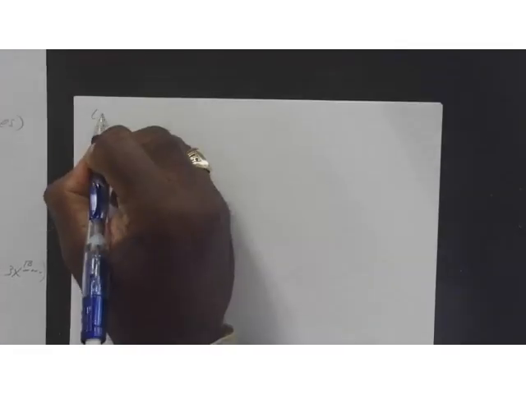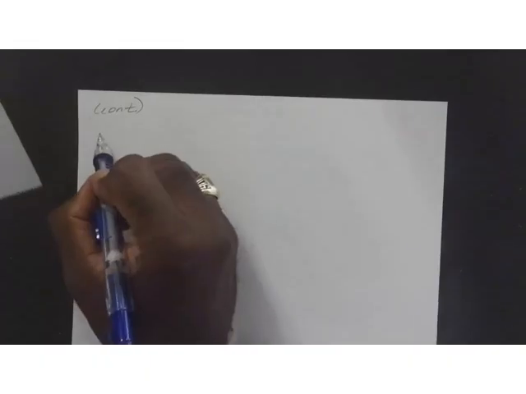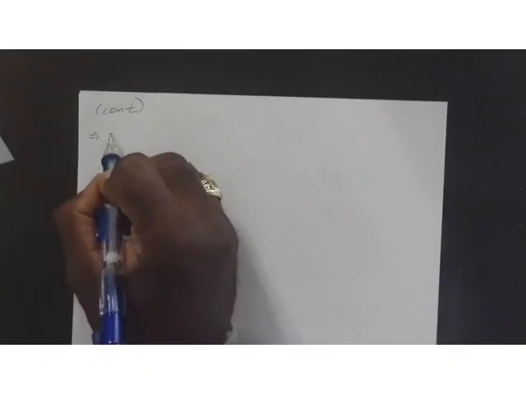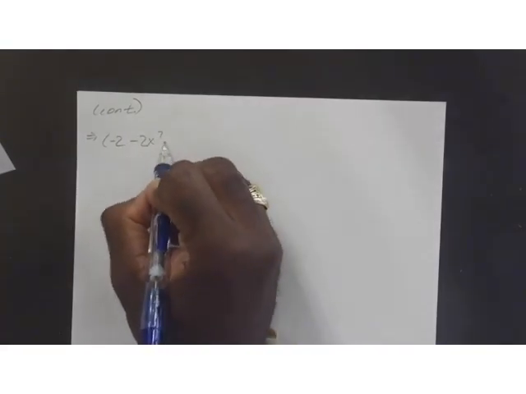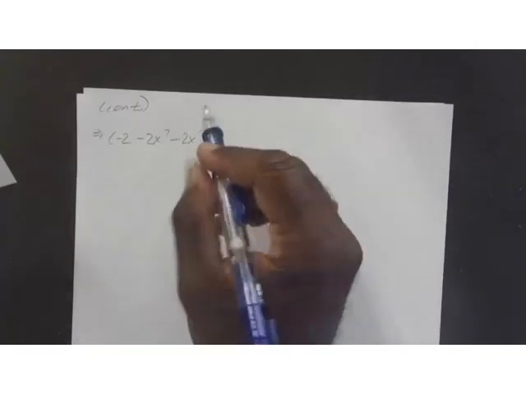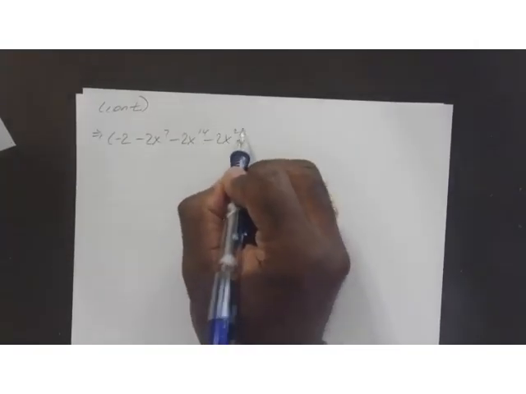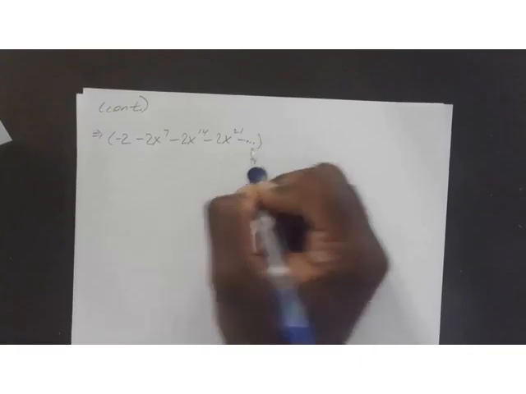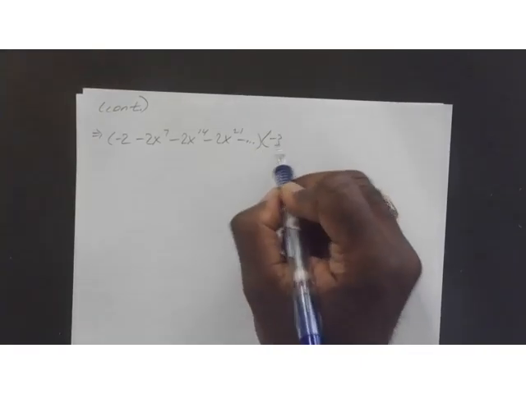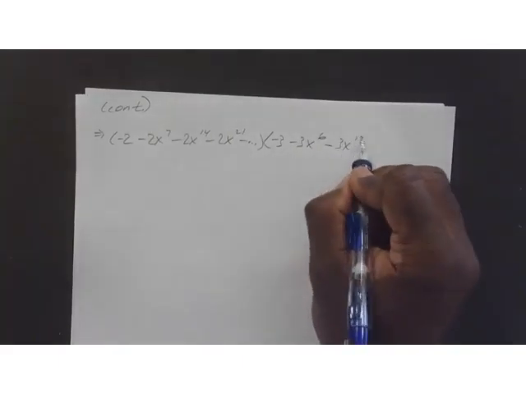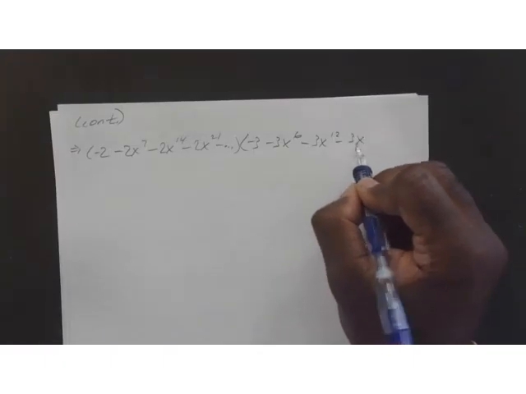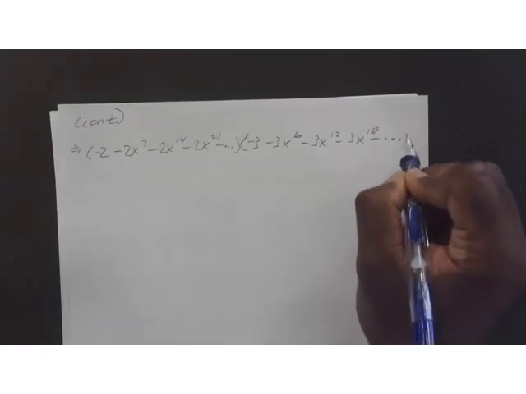Okay, let's go ahead and finish this one up. And I'll just rewrite where we left off because we're going to need it. -2 minus 2x to the 7th minus 2x to the 14th minus 2x to the 21st times -3 minus 3x to the 6th minus 3x to the 12th minus 3x to the 18th, and it keeps on going.